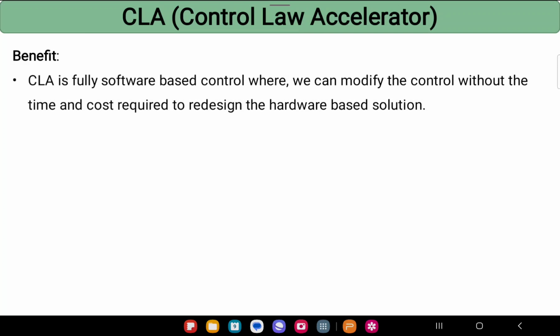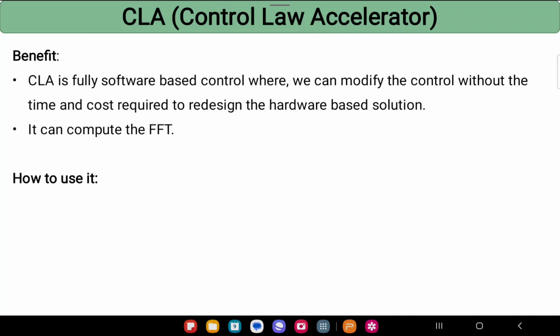What benefit will you get? You are reducing the cost of the system to redesign the hardware-based solutions. It is fully software based, so you can reduce that cost. And it can also compute the FFT, the fast Fourier transform.